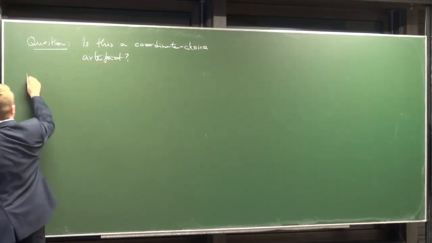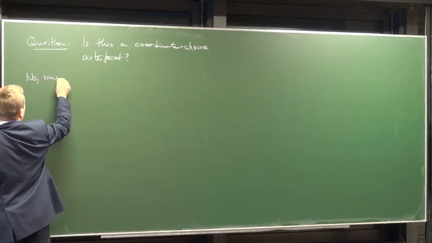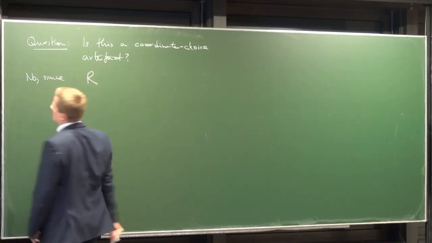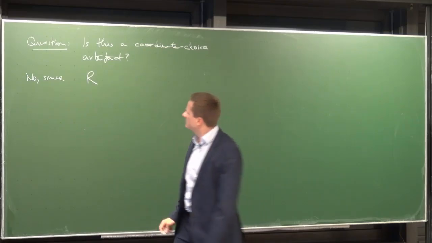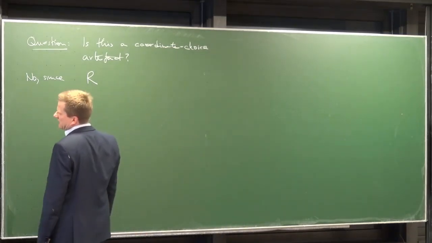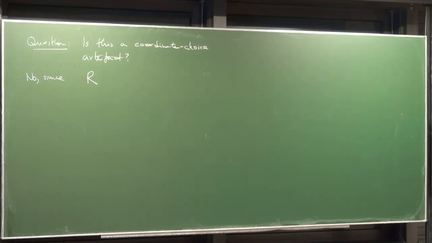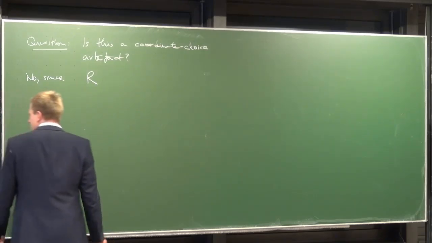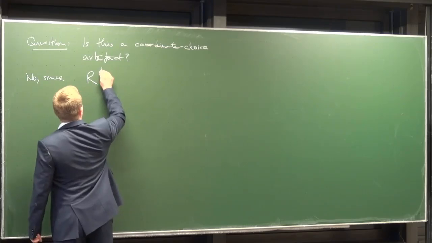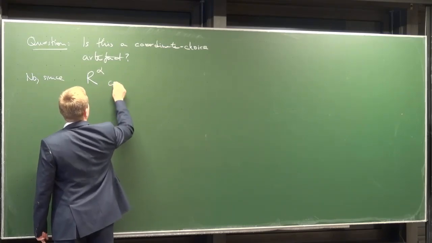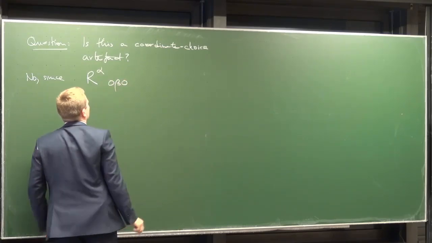The answer is no, since we can calculate the Riemann curvature of the connection defined this way. We can calculate it in that chart, and the only non-vanishing components are these, minus del beta f alpha.